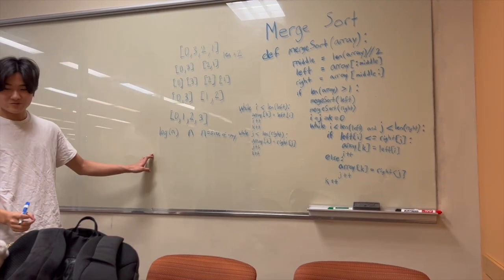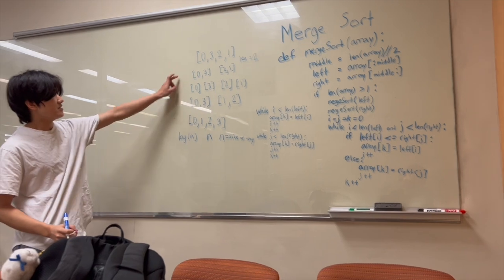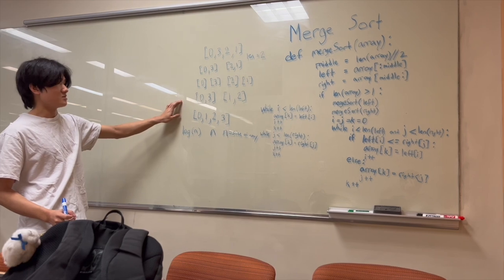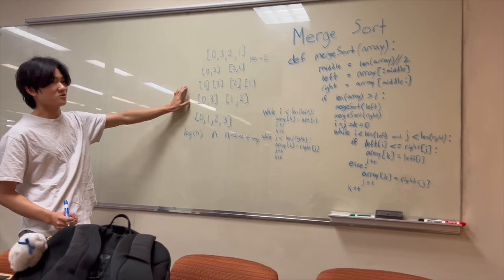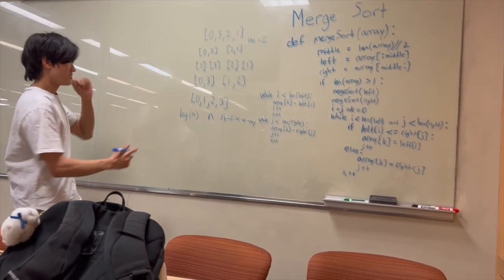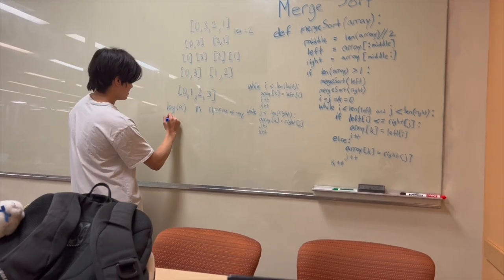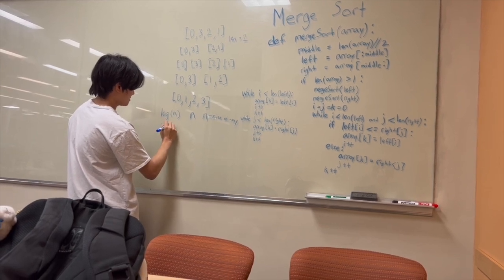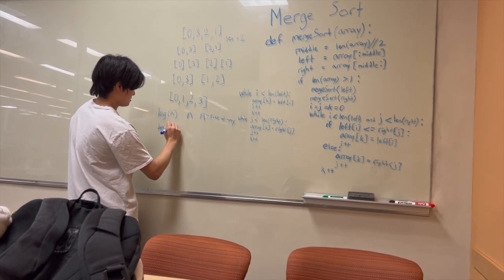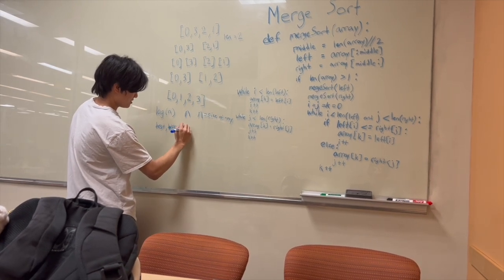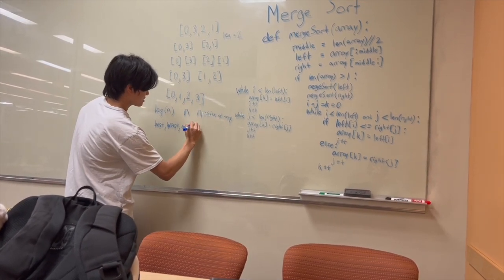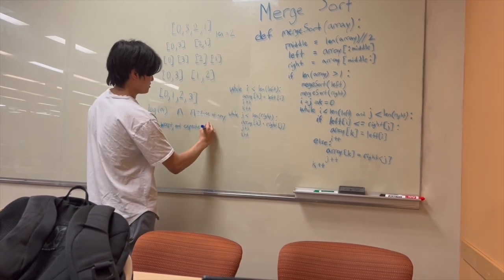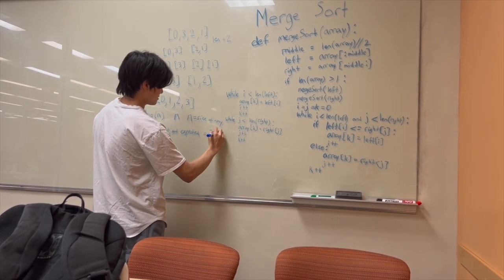So judging from that, and also that it does this no matter the case, it always splits the array into halves and then merges them back together, meaning that the runtime for worst, best, and expected is always going to be O of n log n.